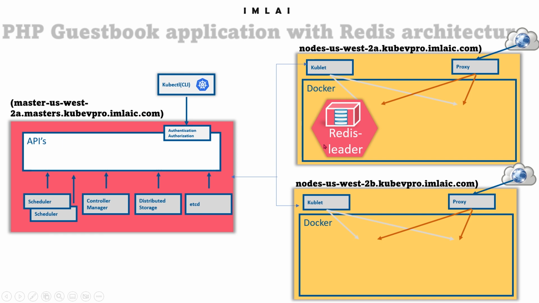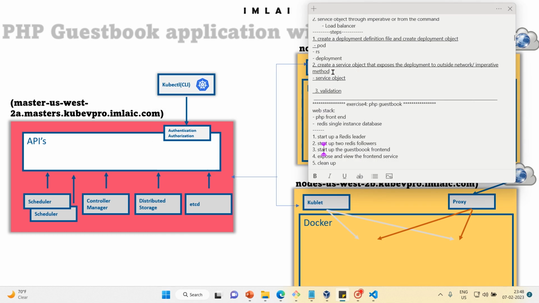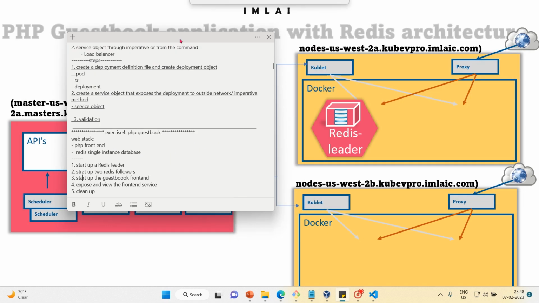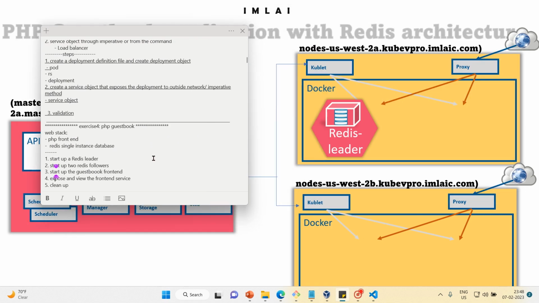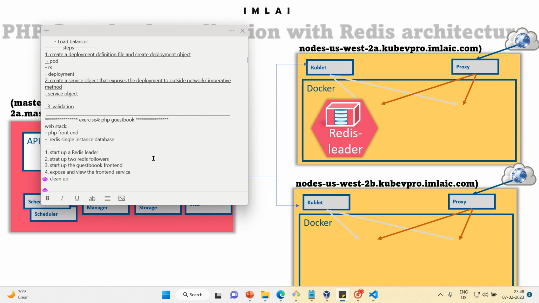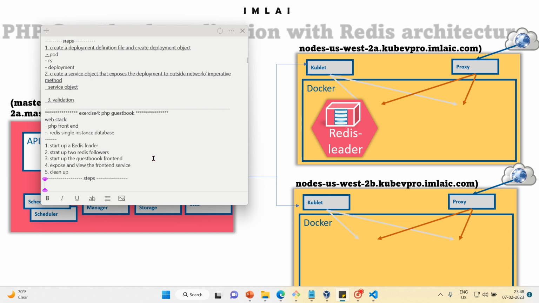So the first thing we are gonna do is create the Redis deployment. Let me write these activities here on this side. Yeah, this is fine. So, steps. Step one, we will create the Redis deployment object.